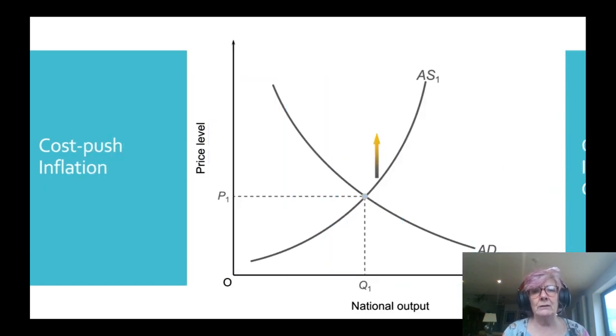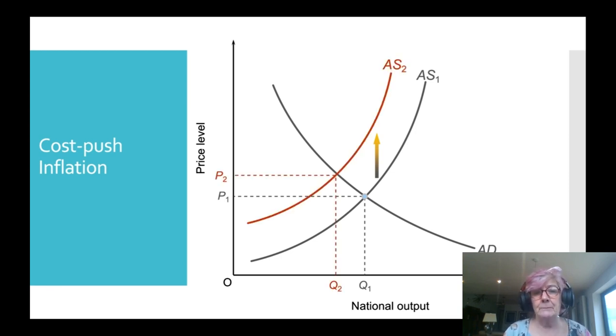So again, let's see how that works on a diagram. Again, we've got our aggregate demand and aggregate supply curves here, and we can see that the initial equilibrium shows that national output is at point Q1 and price level is at point P1. So we get these supply shocks, and the consequence of these supply shocks is that less is going to be supplied at any price.